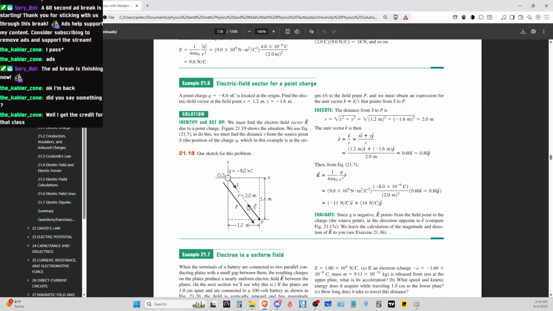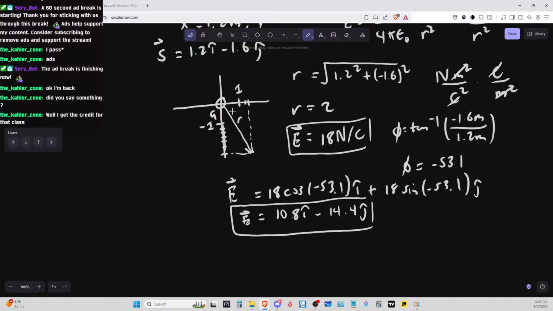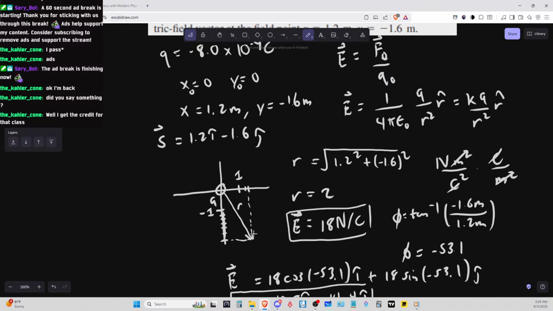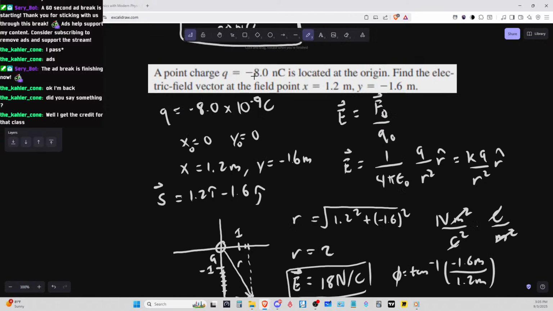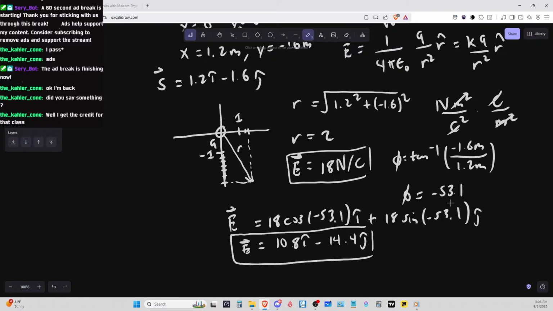Is that because since Q is negative at the point, the field charge, the direction is opposite? Oh yeah, that's right, because it's a negative charge.